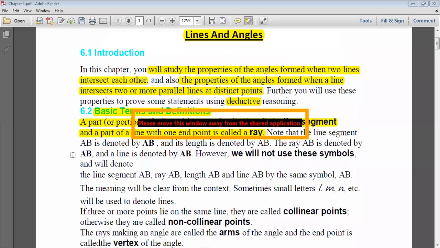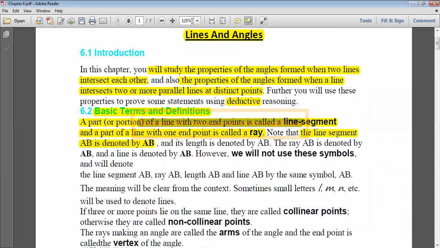So now let us see how the line segment AB is denoted. It is denoted with a line like this: we write AB and draw a line on the top.